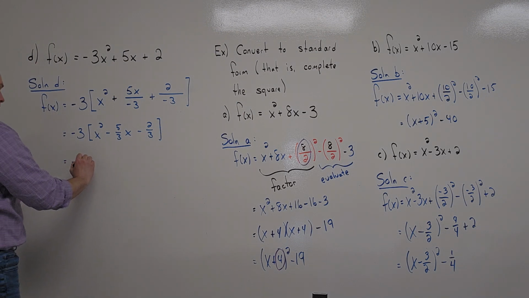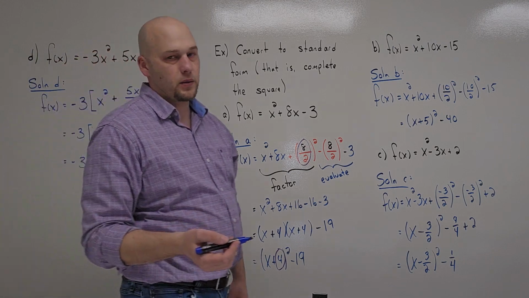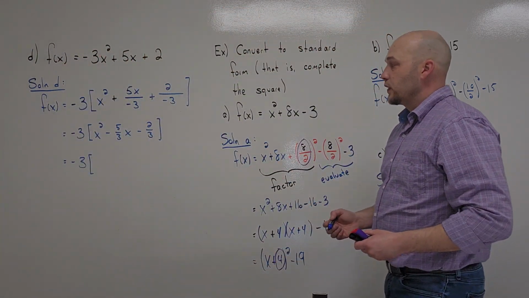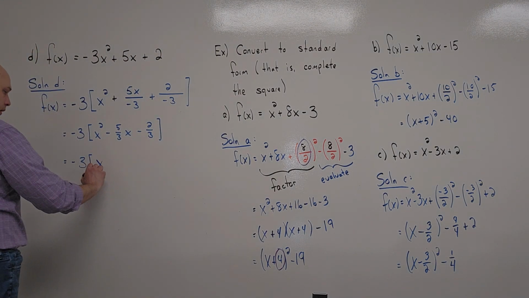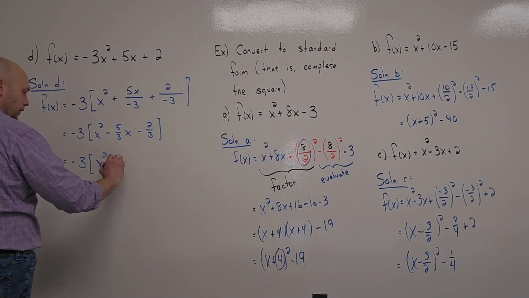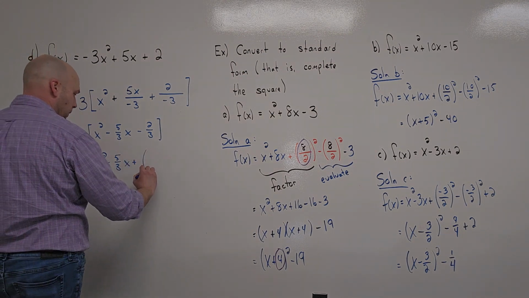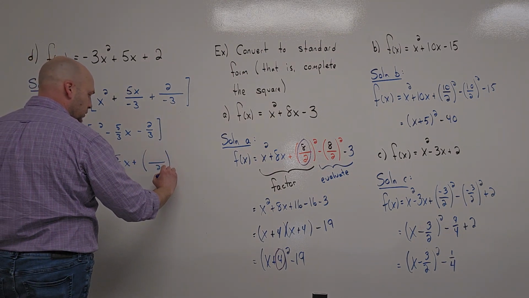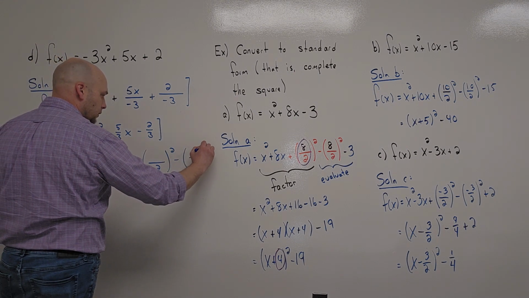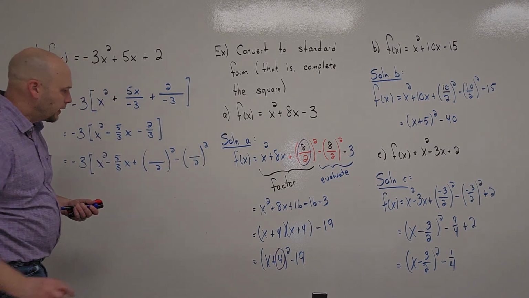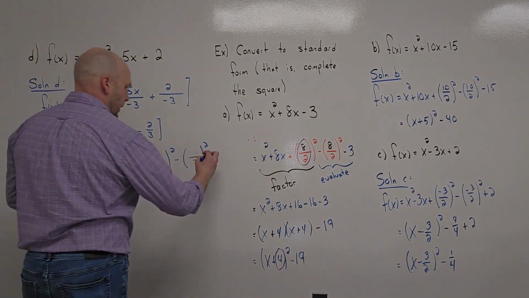Then what we're going to do is complete the square inside the brackets, where the leading coefficient is a 1. This will give me x squared minus 5/3 x plus, remember it's going to be something over 2 squared, minus the same thing, minus 2/3.